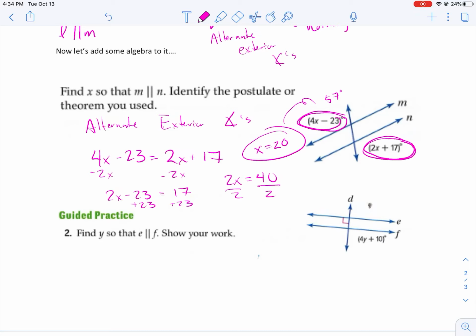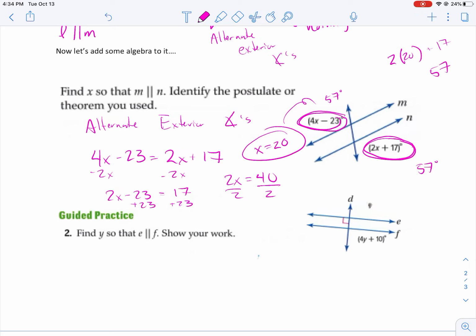Sometimes in geometry they don't give you the right image. They want you to use the laws and the rules that we've set forth. So I'm going to plug this in for here. 2 times 20 is 40, plus 17 is 57. So I get the same angle measure for each.